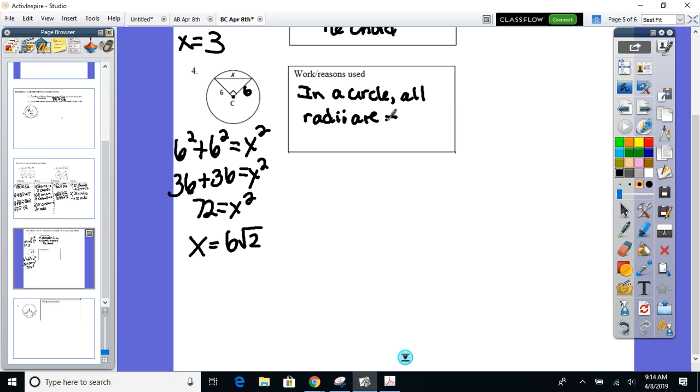Do we see how important it is to have in a circle first? Because I cover that up, all radii are congruent. Is that a true fact? Every single radii? No. All right, it's got to be in a circle. All good? One more.